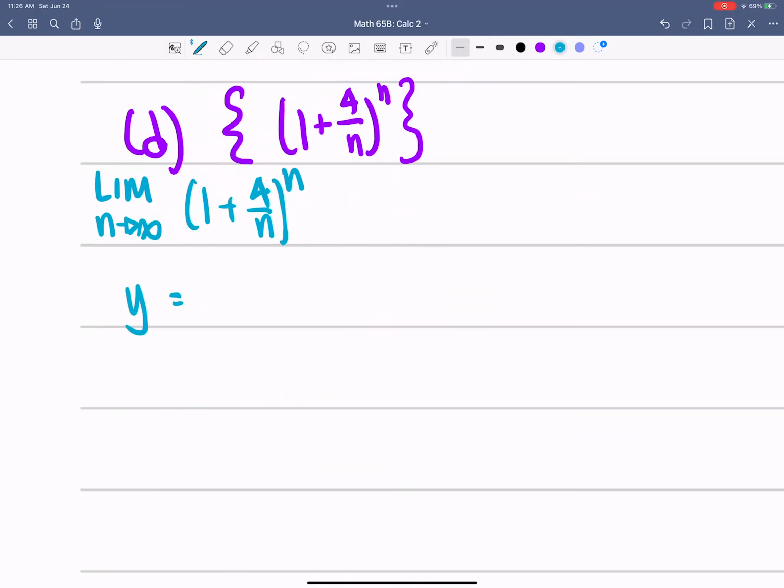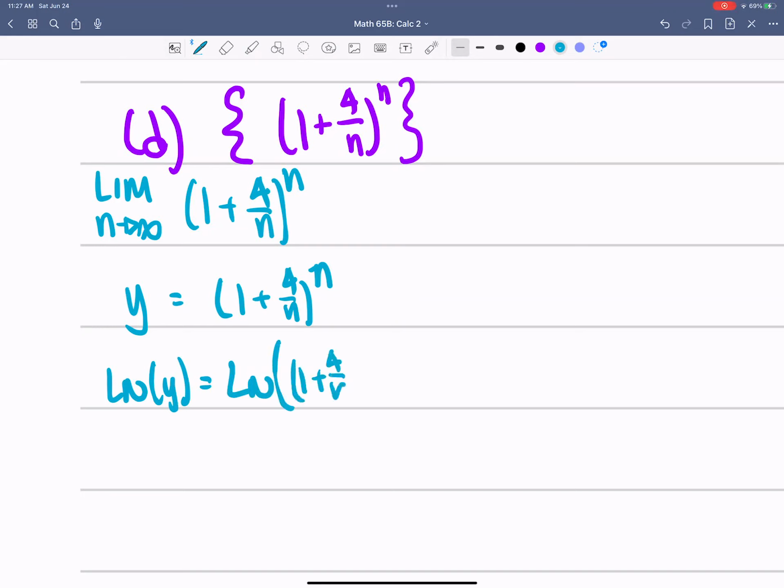So we're going to set this equal to a function to the power n. We're going to take log of both sides, or natural log. So ln of y is equal to ln of (1 plus 4 over n) to the power n. So that way we could grab that exponent and bring it down to the front as a coefficient.